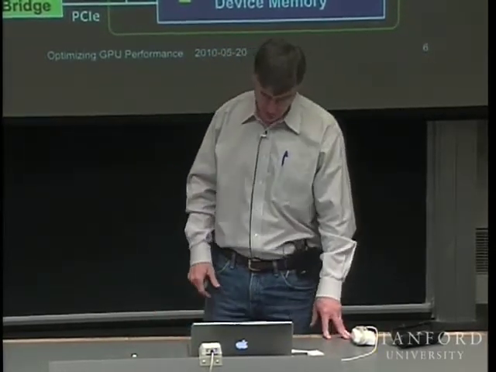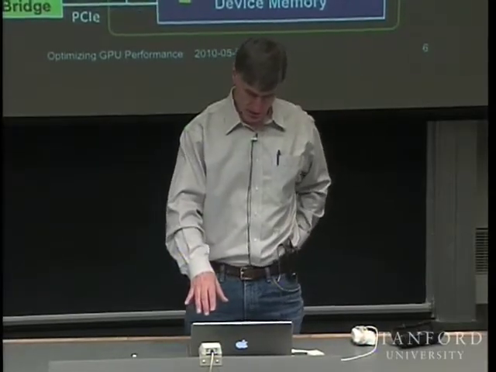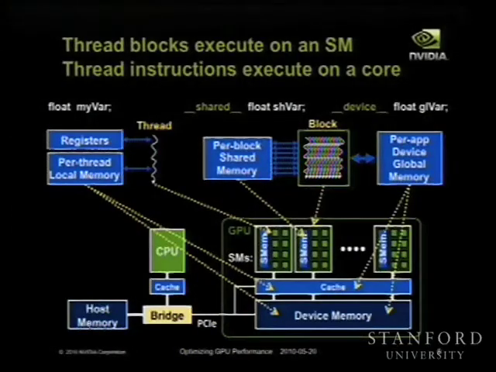Okay. So if you look at the dotted lines here, you can see that when the thread block is accessing shared memory, it goes directly to the RAM in the SM, right here.